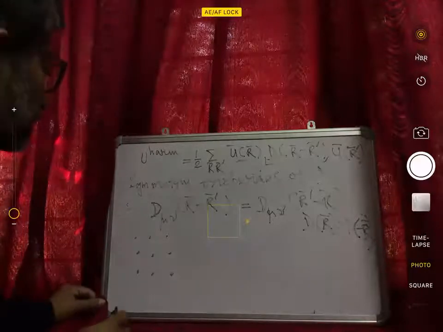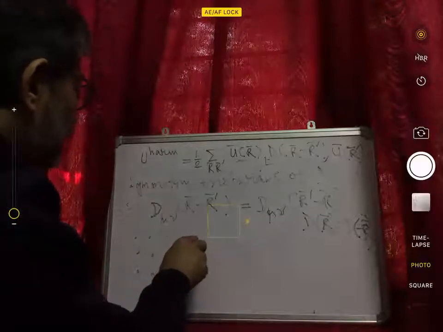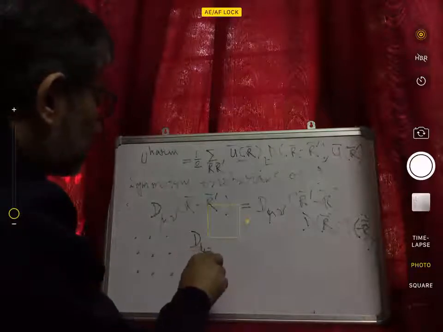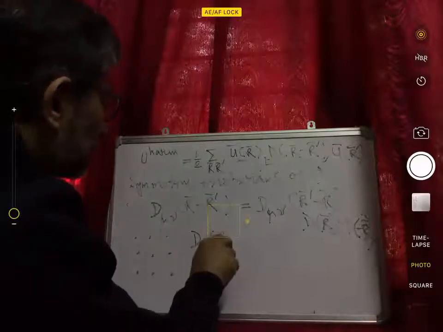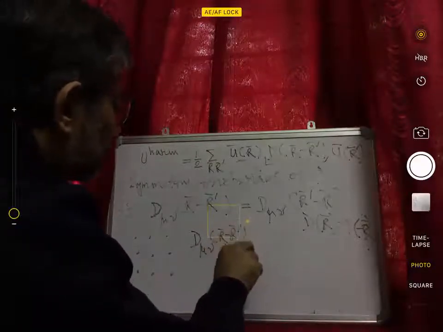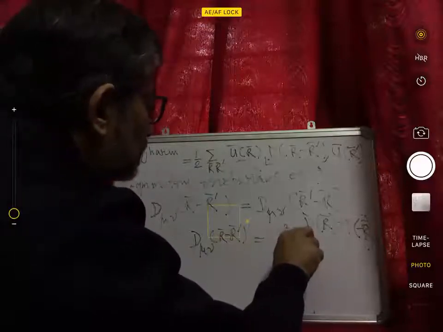okay. So with that, I can write D mu nu, which is related to the second derivative.